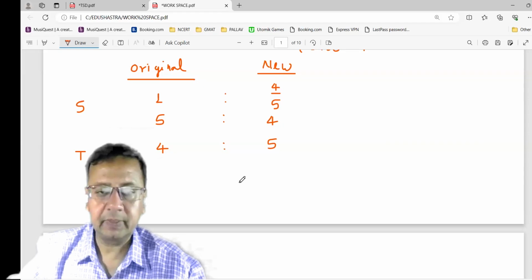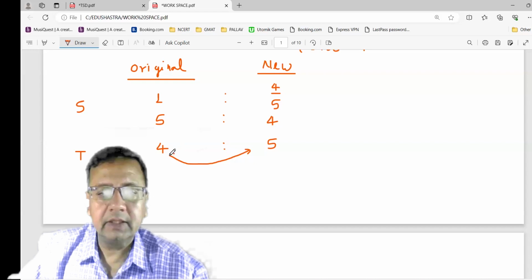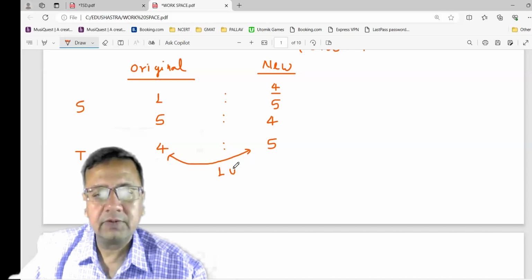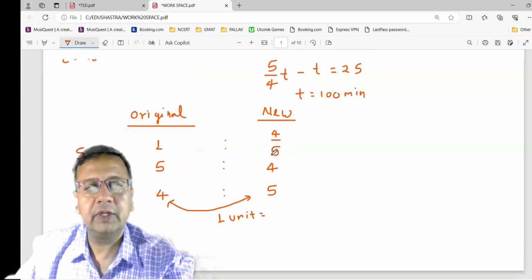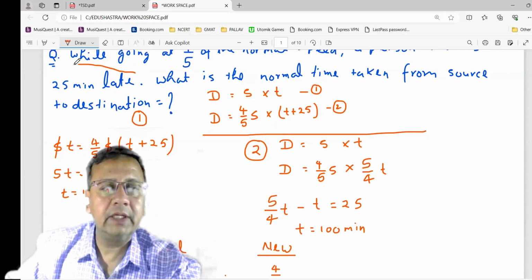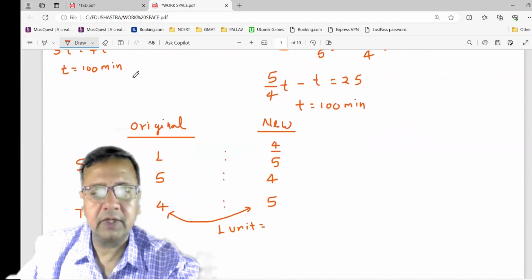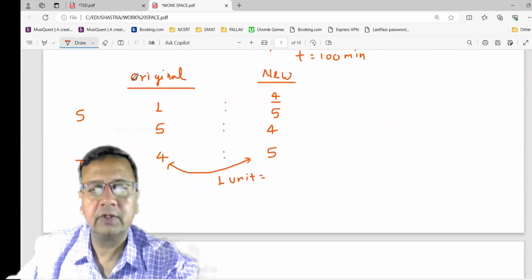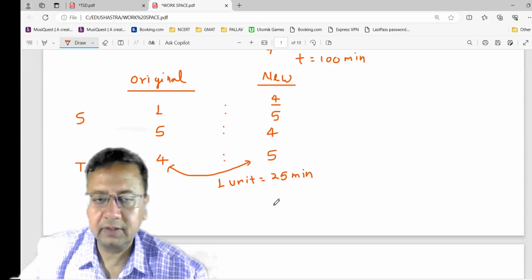Easy. There is a 1 unit gap in these two values, from 4 to 5. Now this 1 unit of gap should be equal to what? 25 minutes late.